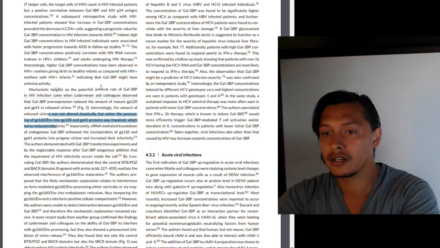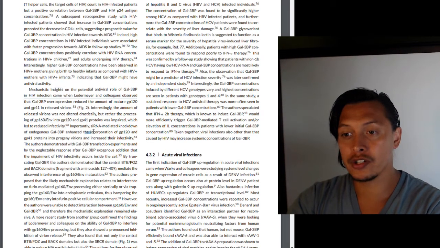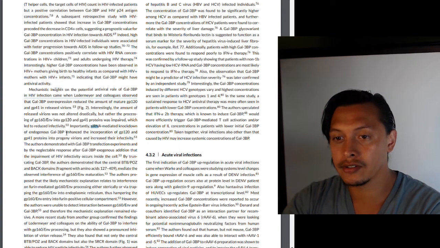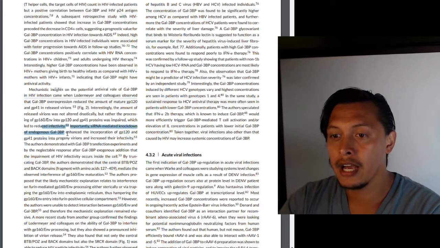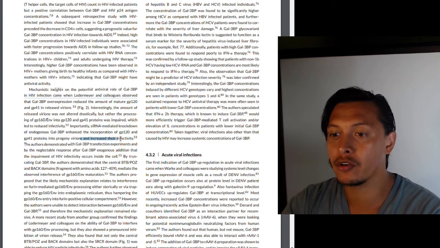Anyways, importantly, the small interfering RNA-mediated knockdowns of endogenous Gal3 BP enhance the incorporation of GP120 and GP41 proteins into progeny virions and increase their infectivity.